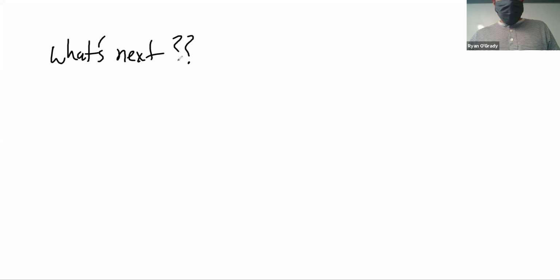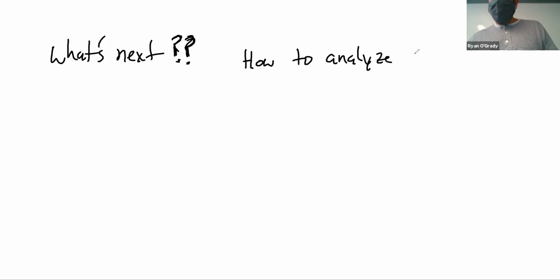The next thing we're going to talk about is the math that's used to analyze something near and dear to you computer science majors, and that is algorithms. So what's next is how to analyze algorithms.